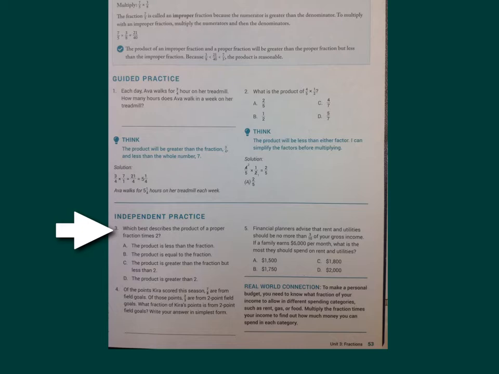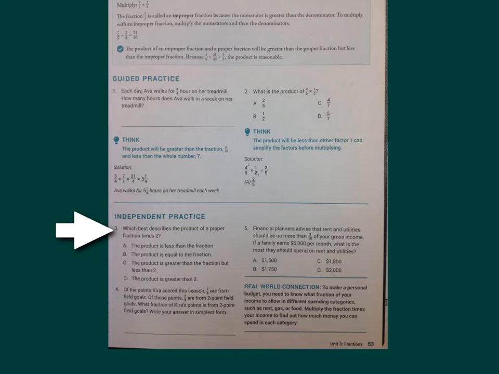Next problem, number 3. Number 3 says, which best describes the product of a proper fraction times 2? Well, we know as we read the instructions at the beginning, it says to multiply fractions, we multiply the numerators, then the denominators. And then it also says that if fractions are greater than 0 and less than 1, then the product will be less than the factors.